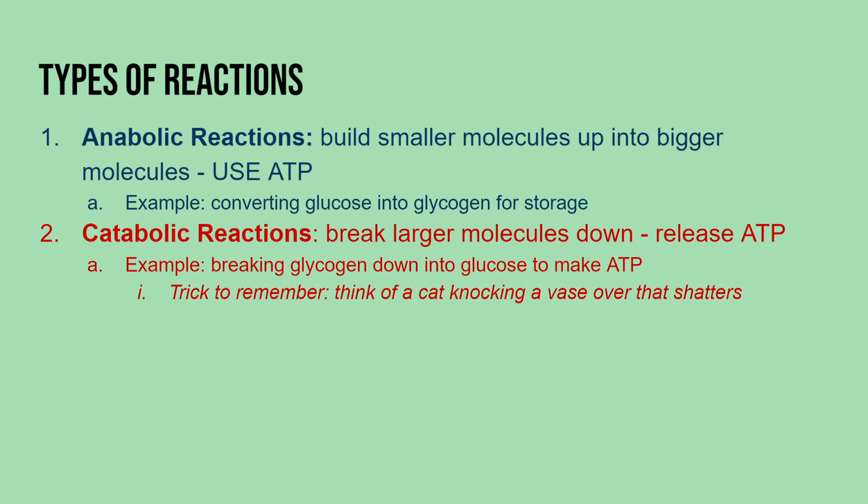A trick to remember the difference: for a catabolic reaction, you could think of a cat on a ledge knocking down something, like a vase that shatters. Catabolic: big to small. Does this make sense? Does anyone have any questions on the types of reactions? Okay.